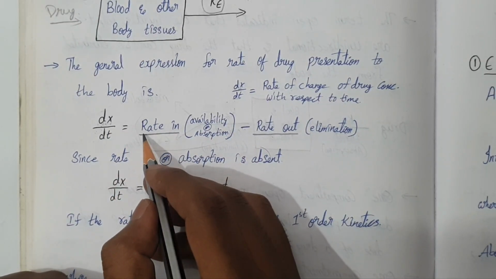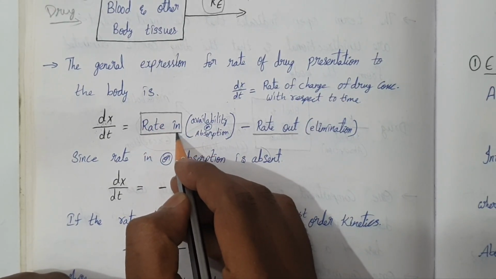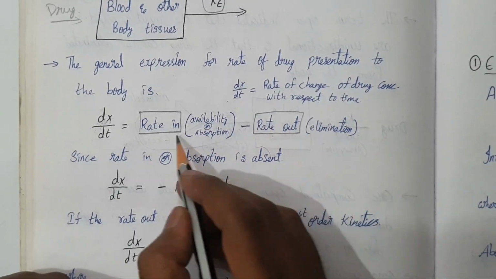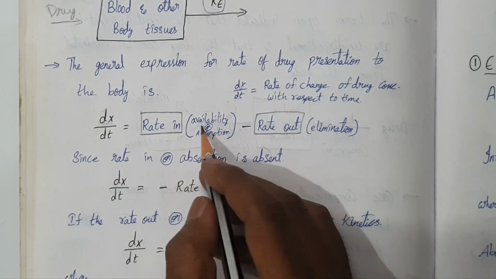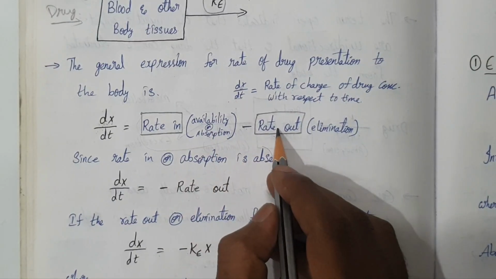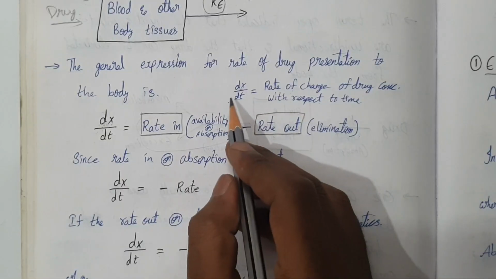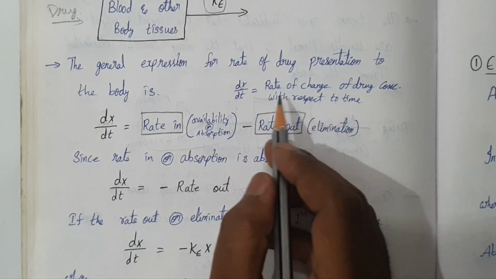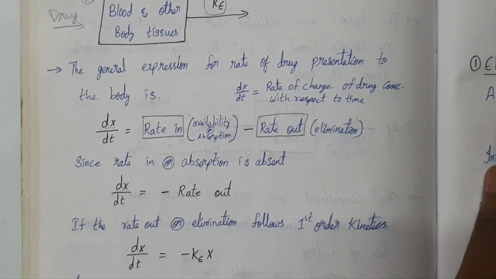What will it be? Rate in minus rate out. Rate in will be absorption or availability. Rate out means elimination. If we subtract these two terms, we get the rate of change of drug concentration with respect to time, nothing but dX/dt. Hope it is clear for you.